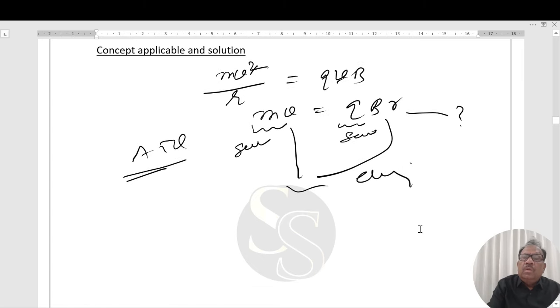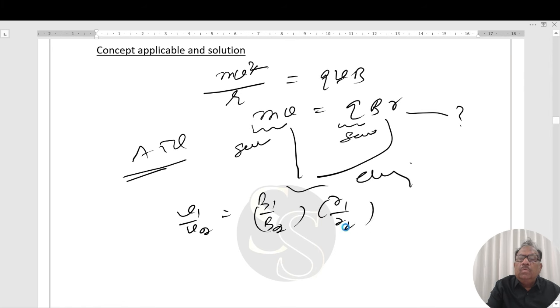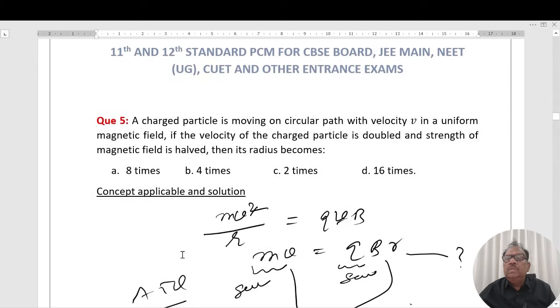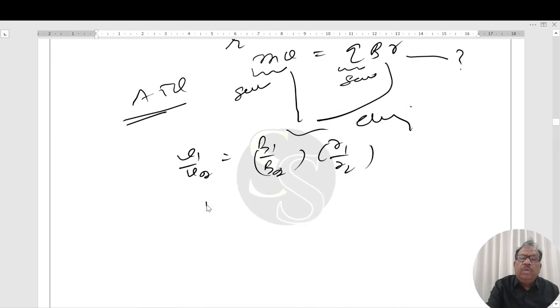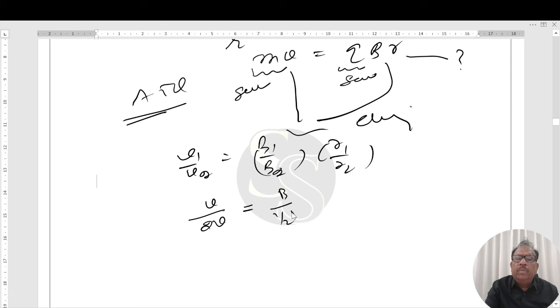Those which are the same have to be taken as constant proportionality. Then V1 over V2 will be equal to B1 over B2 into R1 over R2. Now according to the question, substituting the values, velocity is doubled, so V becomes 2V, and the magnetic field is reduced to half, so B becomes B by 2, into R1 over R2.